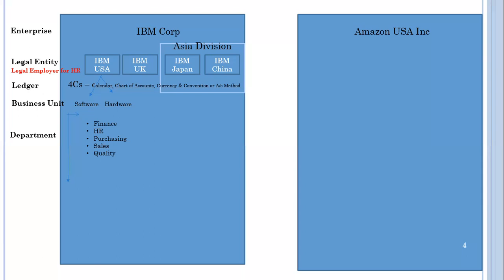Suppose a company is buying 10 lakhs worth of equipment and the vendor is going to send them an invoice, and that invoice will be paid in 30, 60, or 90 days terms. That is called the accrual method. You are not paying for the item straight away.